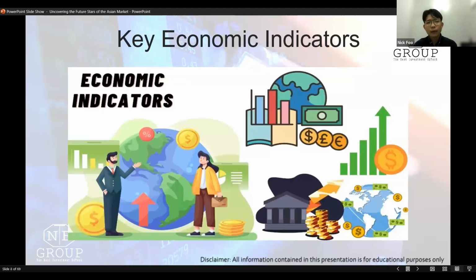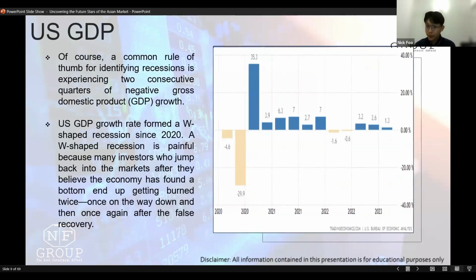So why don't we look at some key economic indicators? You make the decision. I'm going to show you some key economic indicators which indicate whether the global economy is going into a recession. The first key economic indicator will be the GDP.